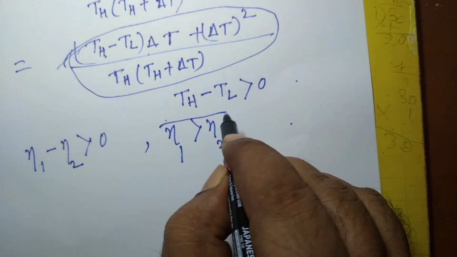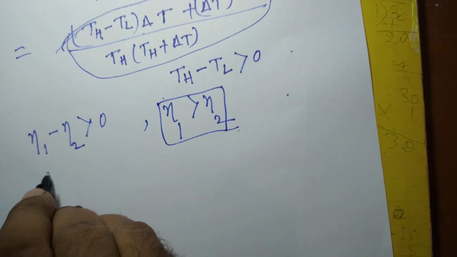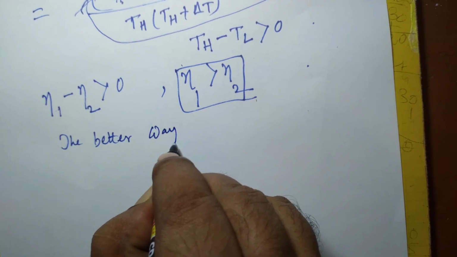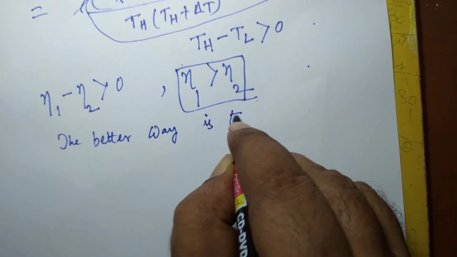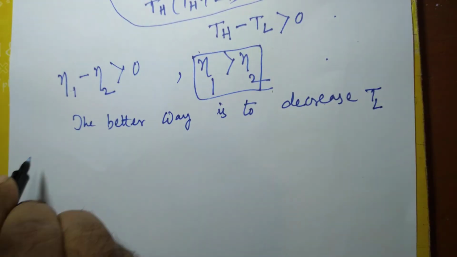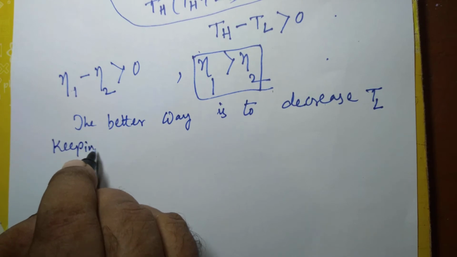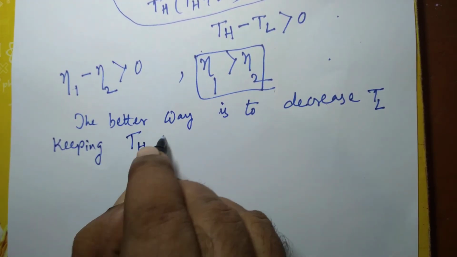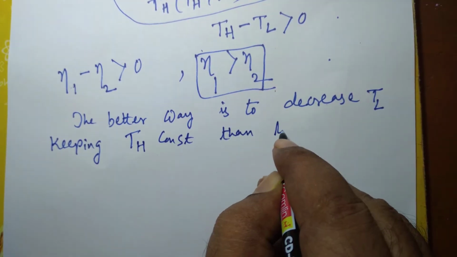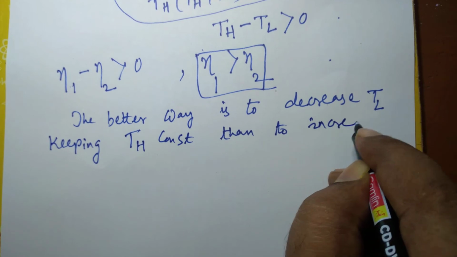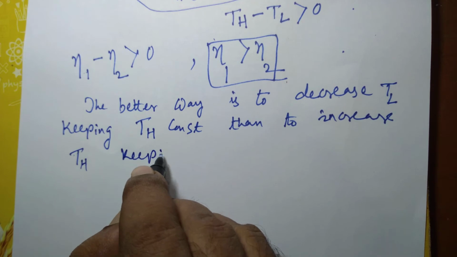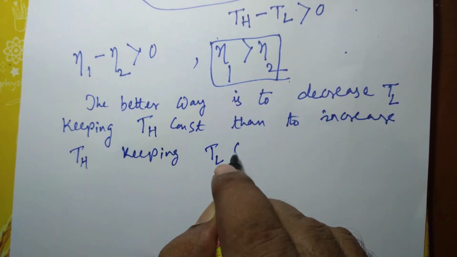So the better way is to decrease TL keeping TH constant, then to increase TH keeping TL constant.